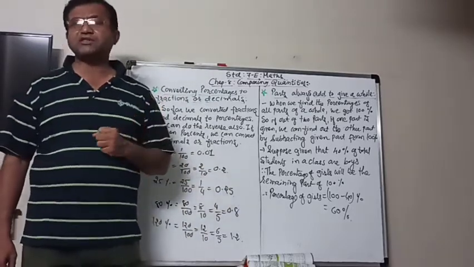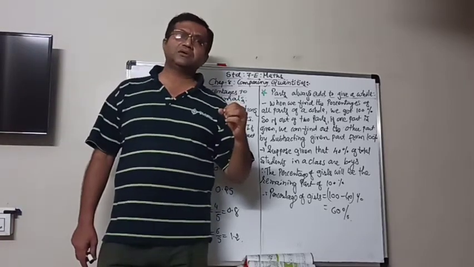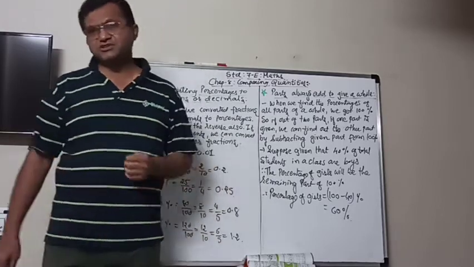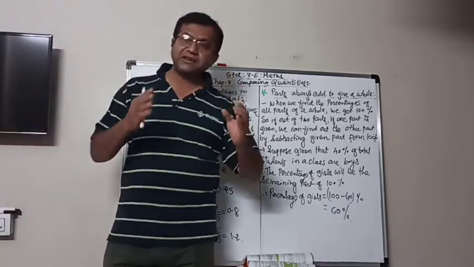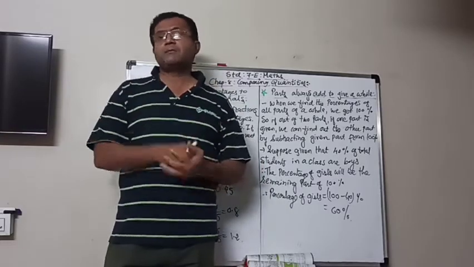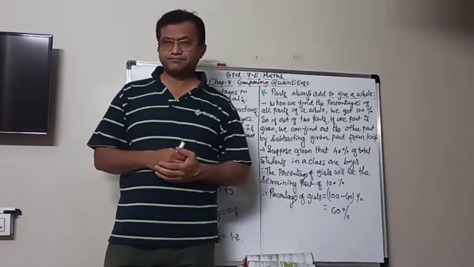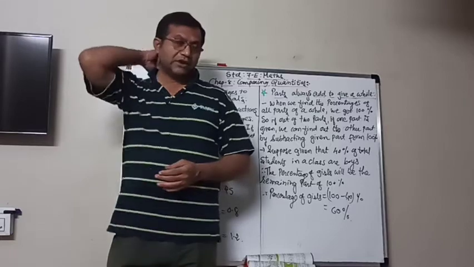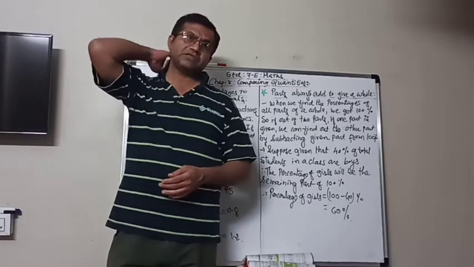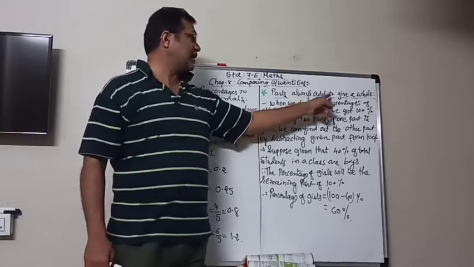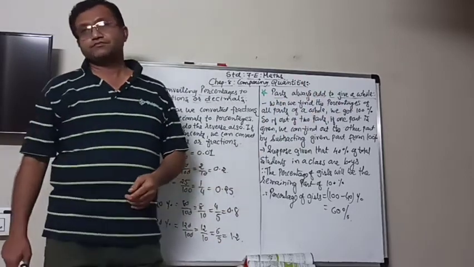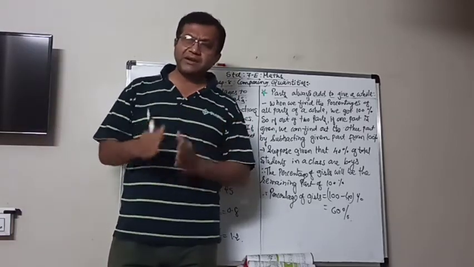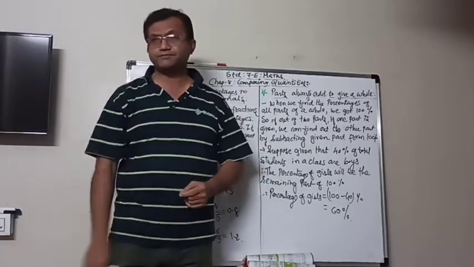And also we saw that when we convert those parts of the whole into percentages, and then add all the percentages of the parts, we get 100%. It means that the parts always add to give a whole. So if the whole is divided into fractions, when we add, it makes a whole, meaning 1.